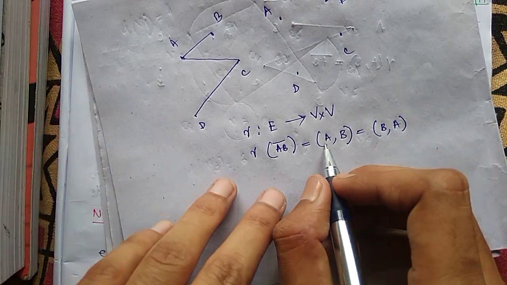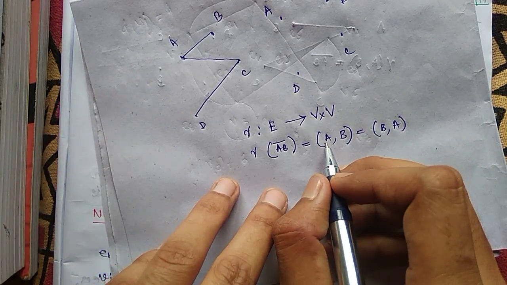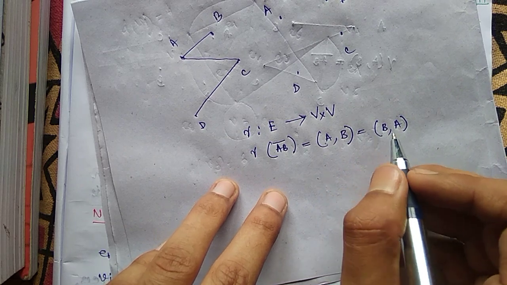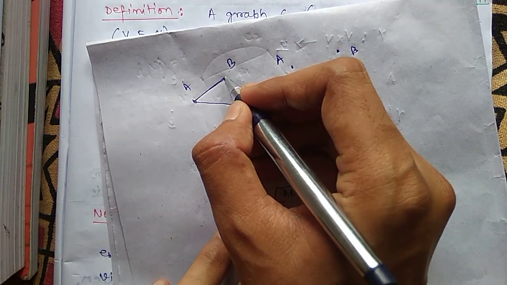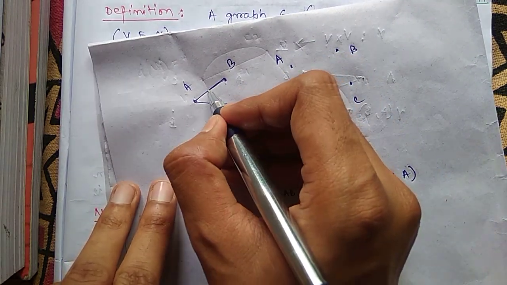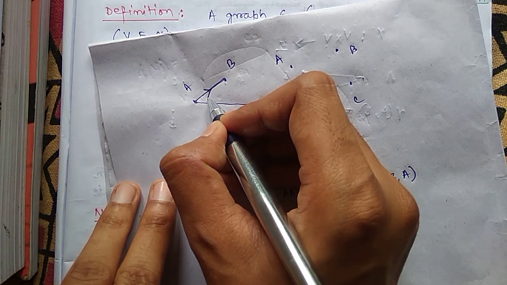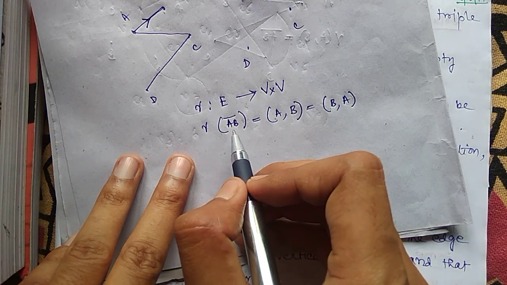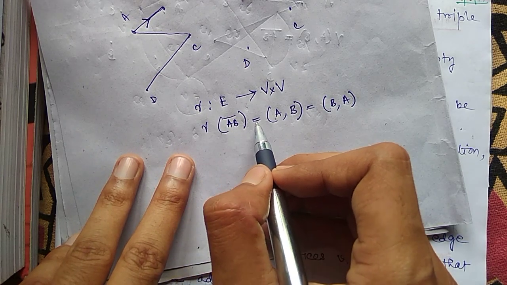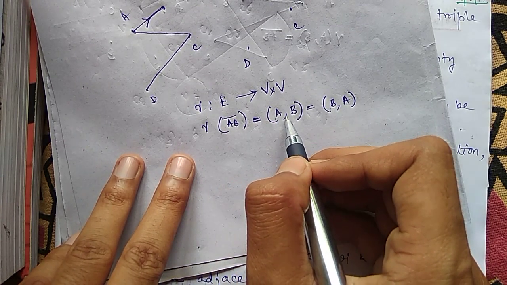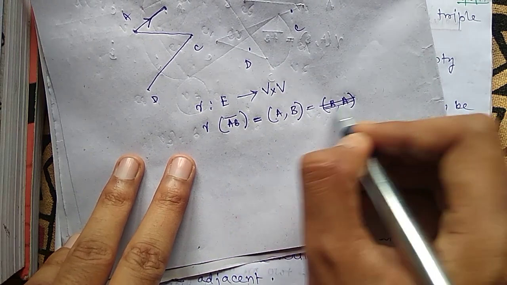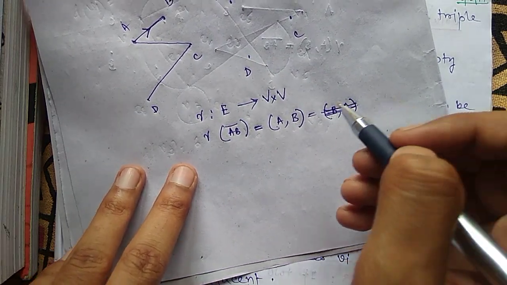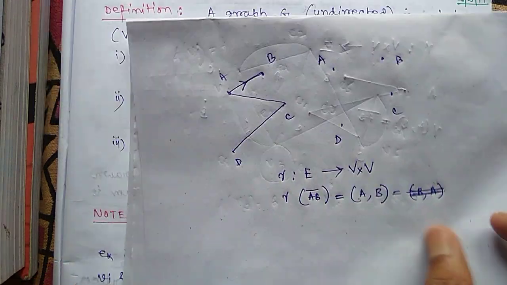That means there is an edge between A and B as well as between B and A. But if it was a directed graph and suppose there is a direction from A to B, then I have gamma of the edge AB equals just (A, B), not (B, A). This is for a directed graph.